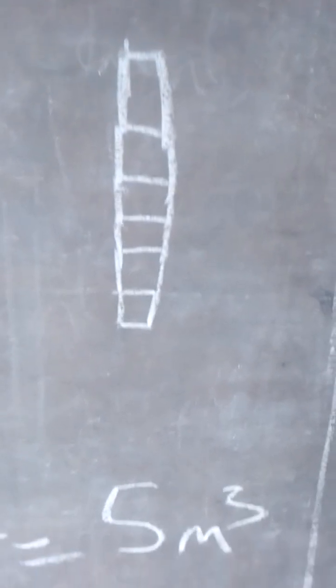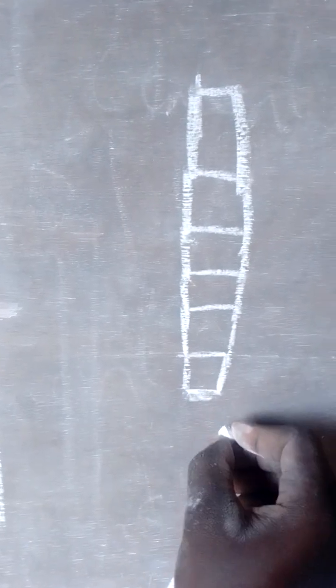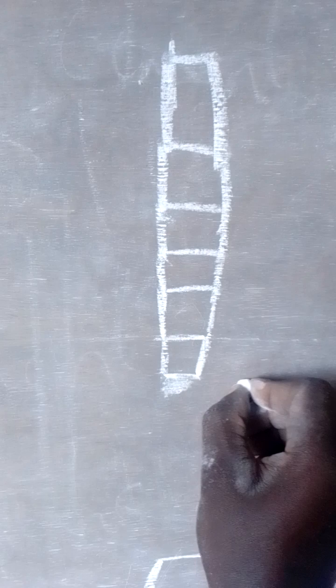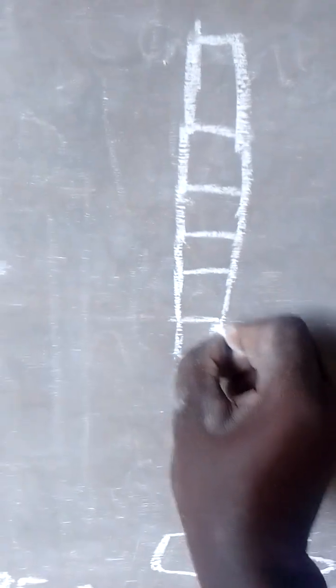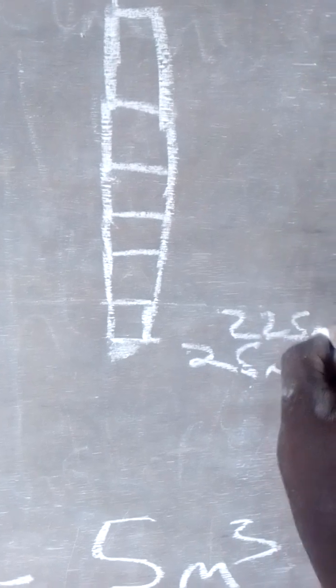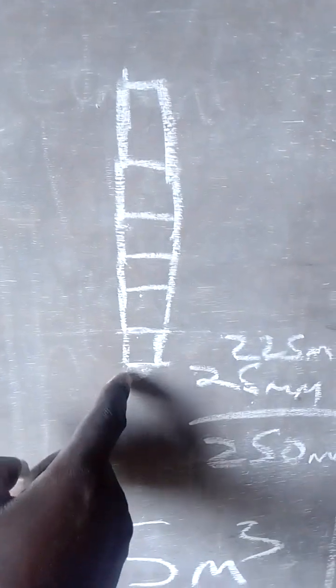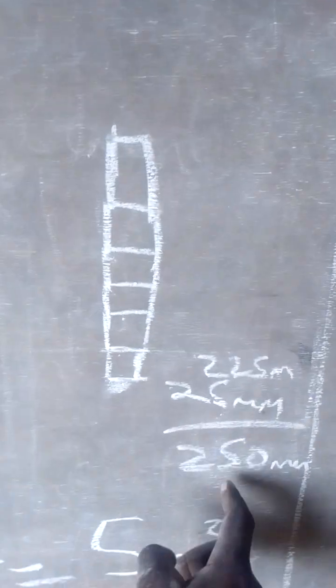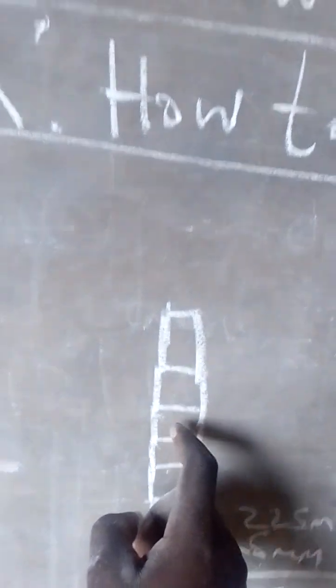The person laid 6 blocks, and I've told us in our other video how to calculate the height: the mortar is 25 millimeter and the block is 225 millimeter. If you add them together, that is 250 millimeter. Mortar and block, each one from there to here is 250 millimeter. That's 250 millimeter times 6.